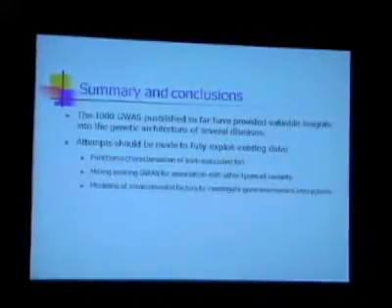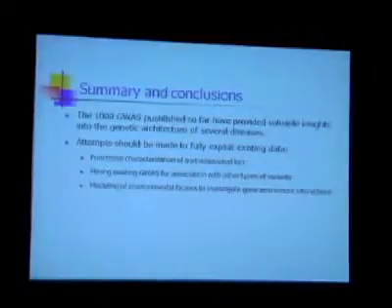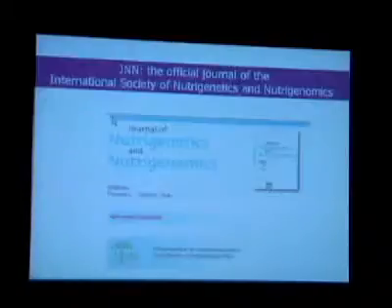The more than 100 GWAS that have been published so far, I think, have provided valuable insight into the genetic architecture of several diseases, and I think attempts should be made to fully exploit the existing data by trying to attempt a functional characterization of the trait-associated loci, mining existing GWAS for association with other types of variants, and of course modeling of environmental factors to investigate gene-environment interaction.